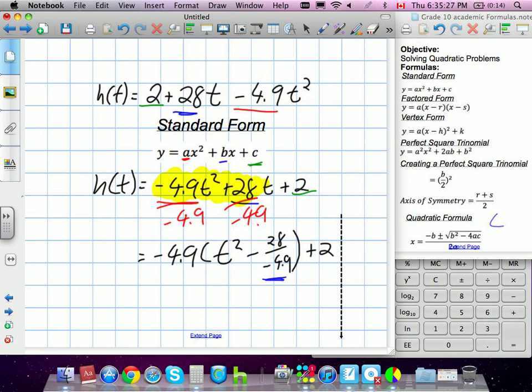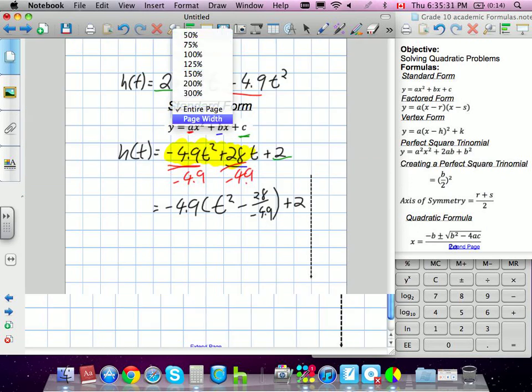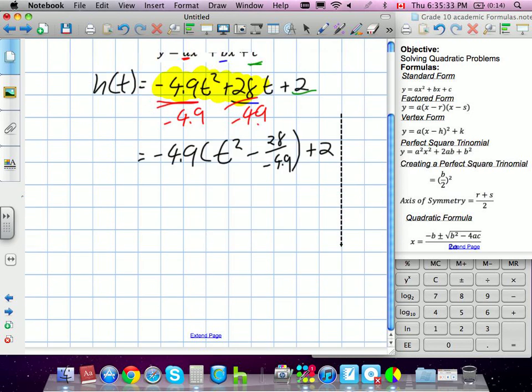Now, the next step here is we have a little formula, b divided by 2, squared. So this is our new b value. And a new b value is negative 28 divided by 4.9. Now, if I make it a decimal, which we had over here, it's negative 5.714, we could say.